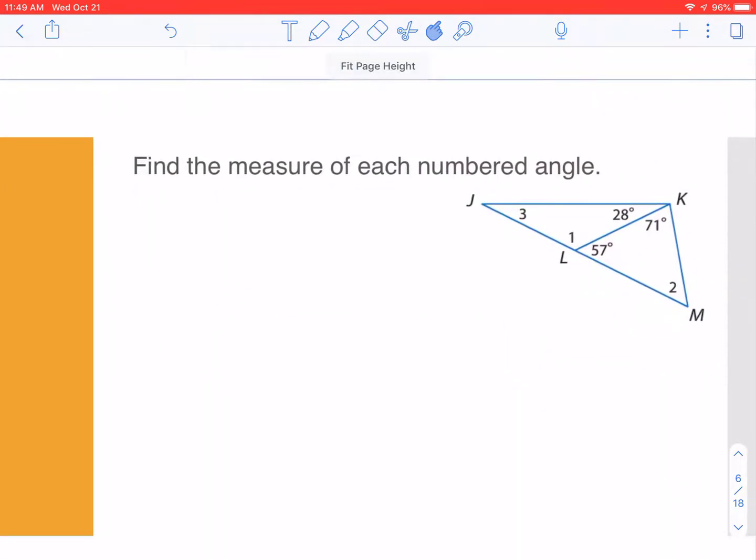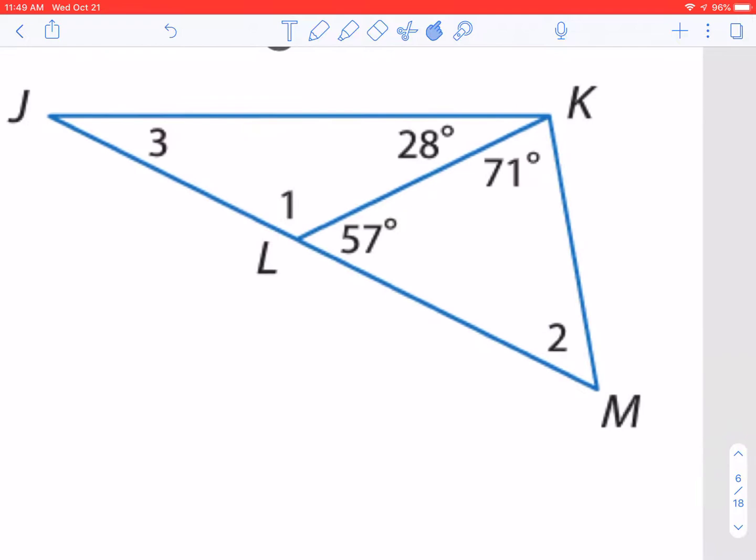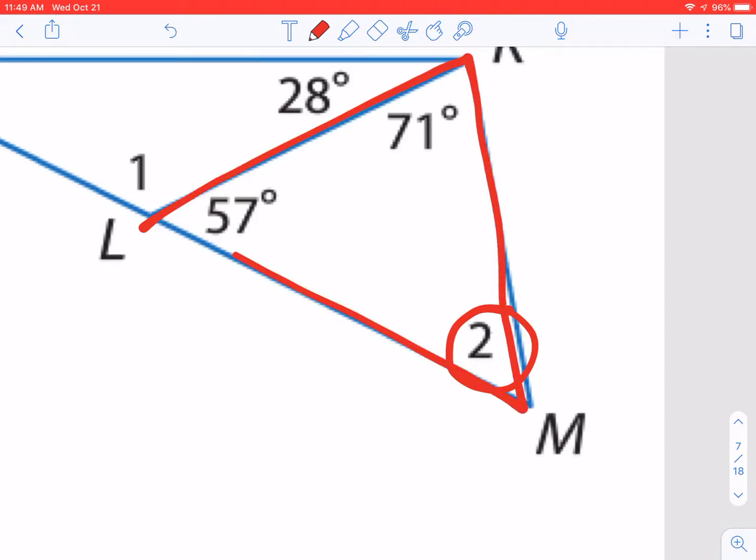So here's an example. Find the measure of each numbered angle. Okay? We're going to start out with angle 2. There's a couple different ways to do this. I know that in this triangle right here, outlined in red, all the angles will add up to 180.